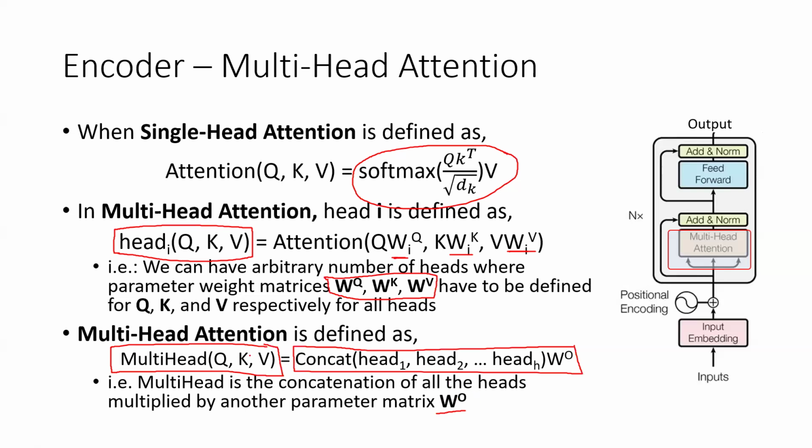So for each attention head, you have to calculate with different weight matrices, and after each head is calculated, head 1, head 2, up to head n, you have to concatenate all of them, and then multiply the whole concatenation with WO, the output weight matrix corresponding to that particular multi-head attention. That is how the multi-head attention gives this particular value, right, which is passed to the Add and Normalization phase.